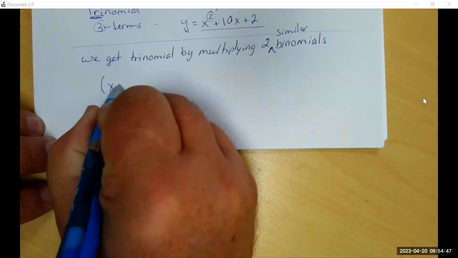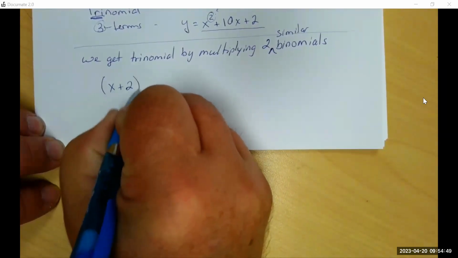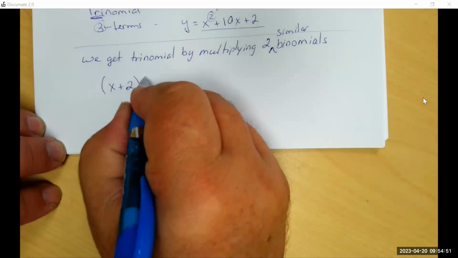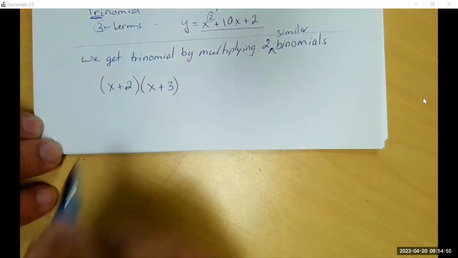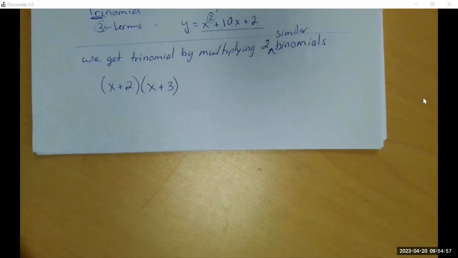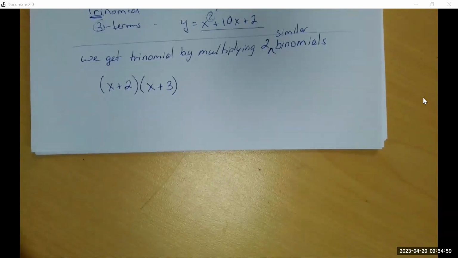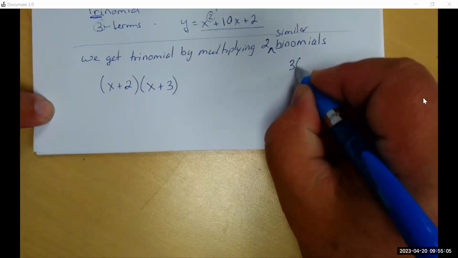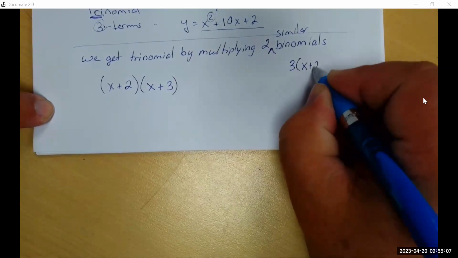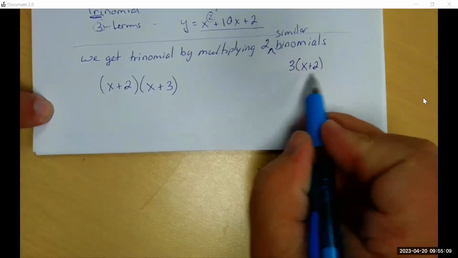For example, if the first binomial was x plus 2, and the second one was x plus 3, we treat that the same way if we had 3 times x plus 2. How would we multiply those together?